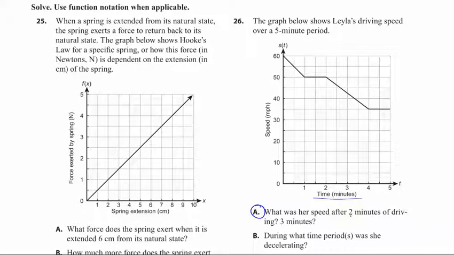The question says, what was the speed after 2 minutes? Well, Layla's driving speed over the 5-minute window is represented by this graph. Okay? So in my graph, I'm going to find the 2-minute point, which is right here.